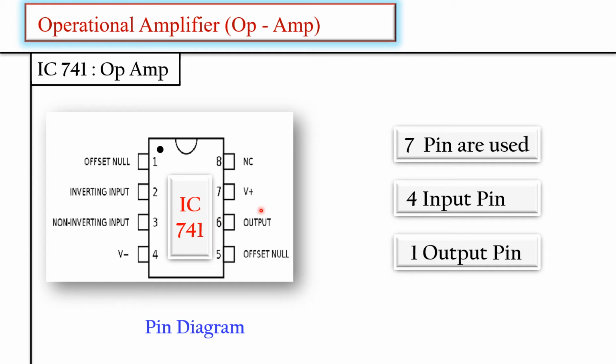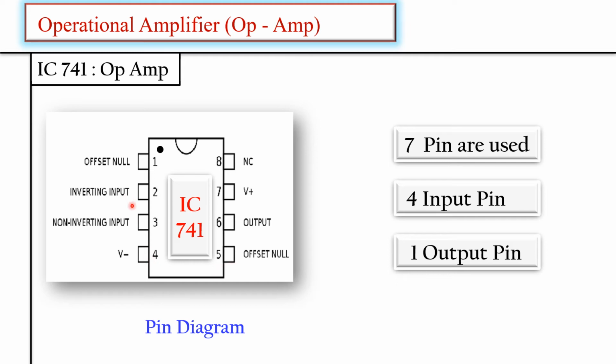Positive voltage is given at pin number 7 and negative voltage is given at pin number 4. Between pin number 1 and pin number 5, an offset resistor is connected, which is explained a little later.